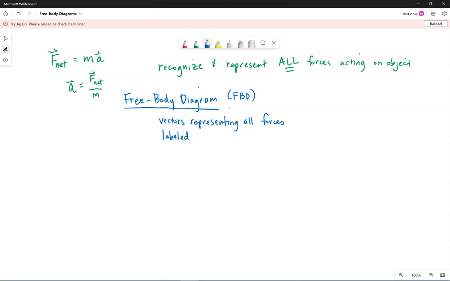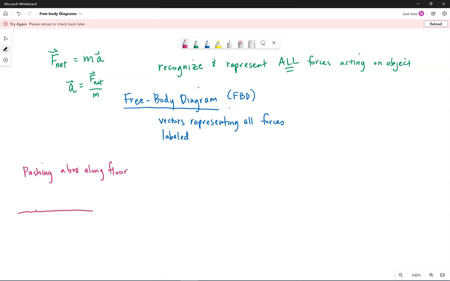So, for example, let's say I was pushing a box along the floor. And I wanted to describe just pictorially and in terms of Newton's second law, just conceptually, how the forces would apply to this box, essentially.